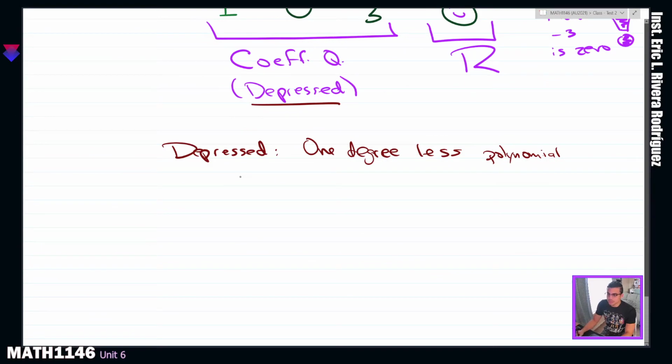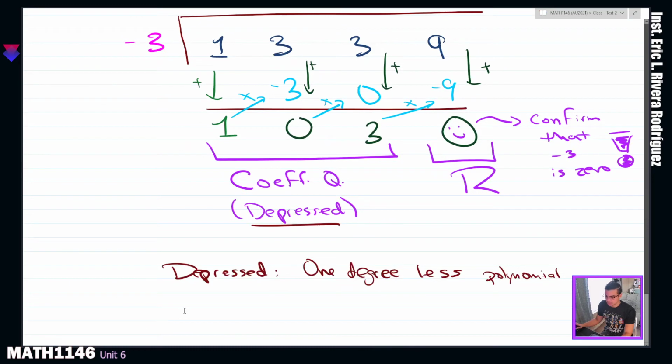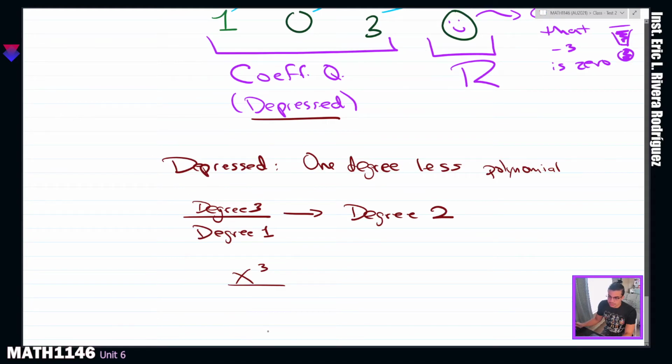Okay, it will be a 1 degree less polynomial. So we went from a degree of 3 to a degree of 2. Because you can think of x to the 3 divided by x. In this case, we subtract the exponent. This is not a formal explanation, okay? But you can relate degree of 3, degree of 1.